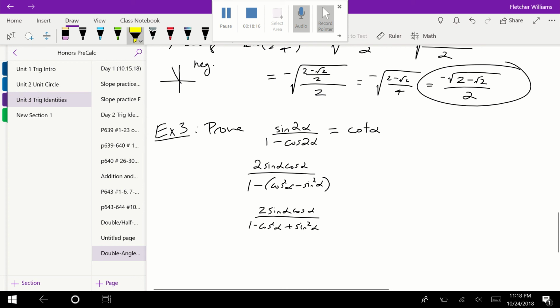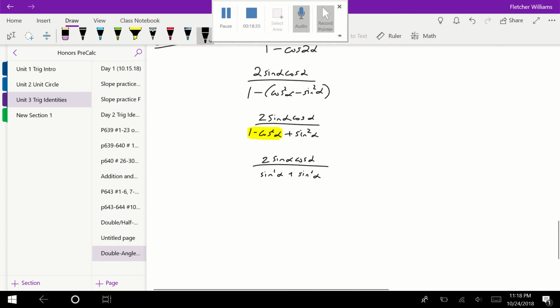Now you should see that this 1 minus cosine squared can be turned into just a sine squared. So all that will just be 2 sine alpha cosine alpha over sine squared alpha plus sine squared alpha. So that is 2 sine alpha cosine alpha over 2 sine squared alpha.